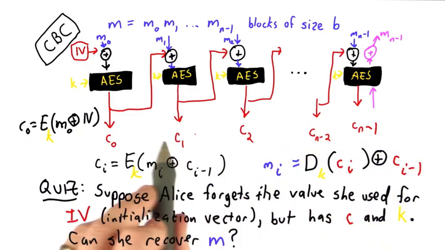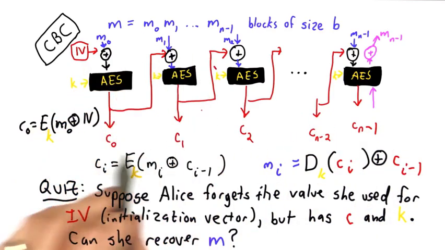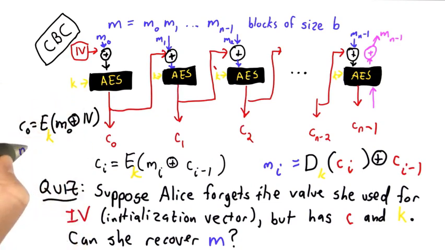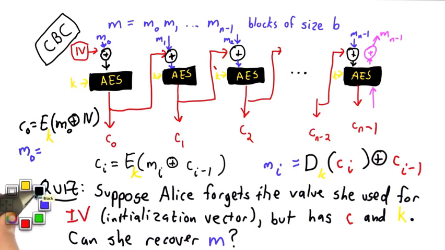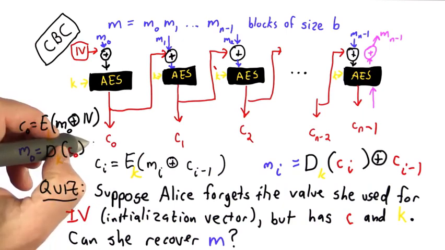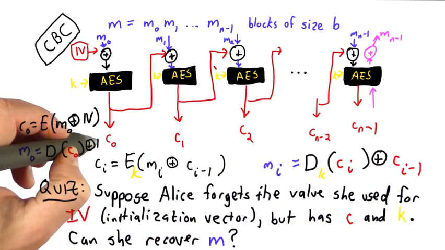We can do that for all the blocks, except for the exception: the encryption of the first block used the IV. To get the first message block, we decrypt the first ciphertext block, going backwards now, and then XOR that result with the IV.